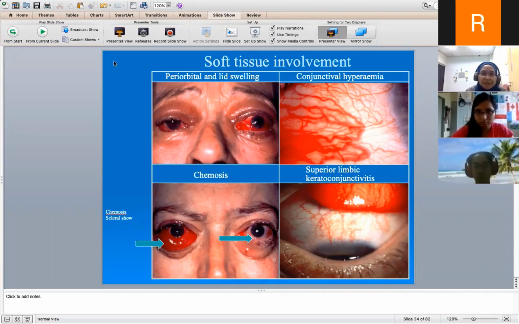Okay? Now how am I going to describe this? Periorbital swelling and lid swelling, obviously, looks very puffy. There is also injection of the conjunctiva. There's also scleral show. Yeah, so these are the features of thyroid eye disease.